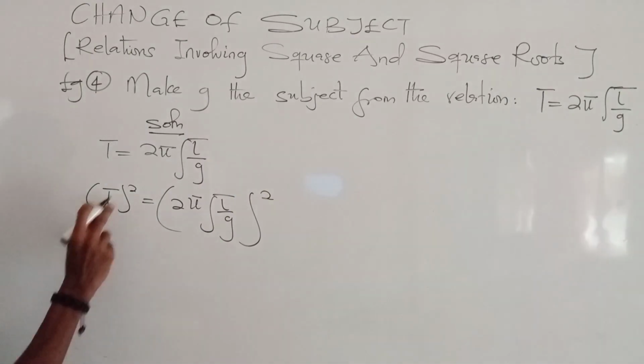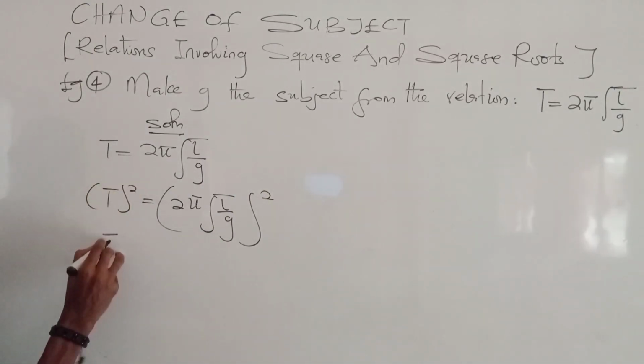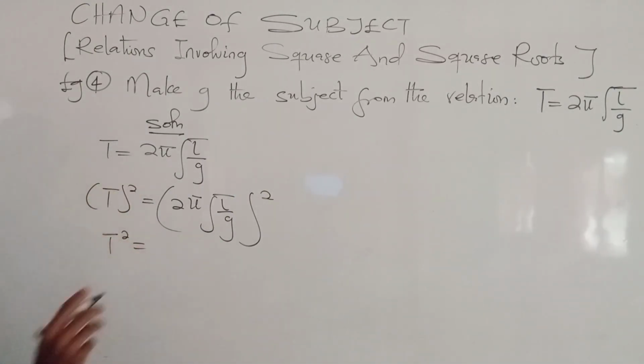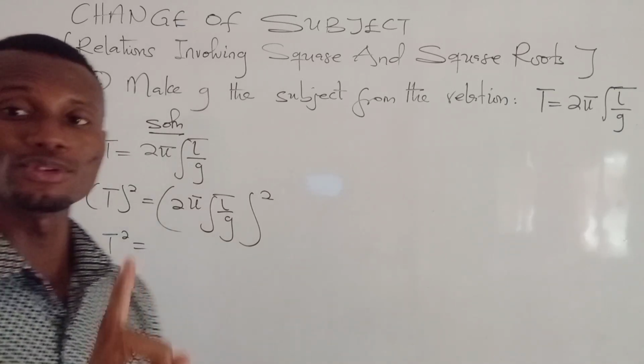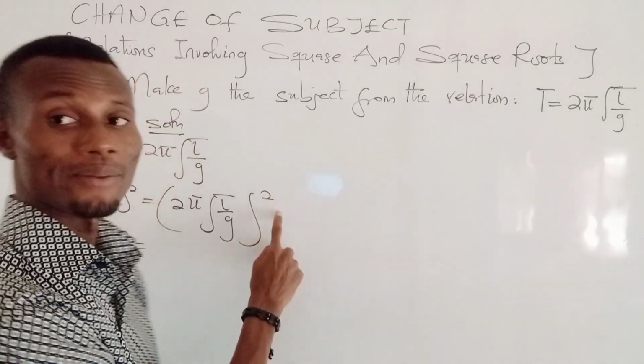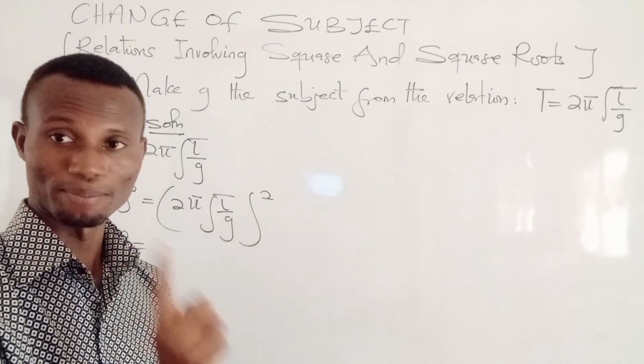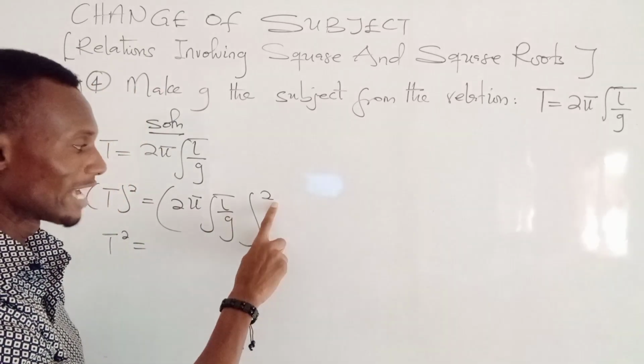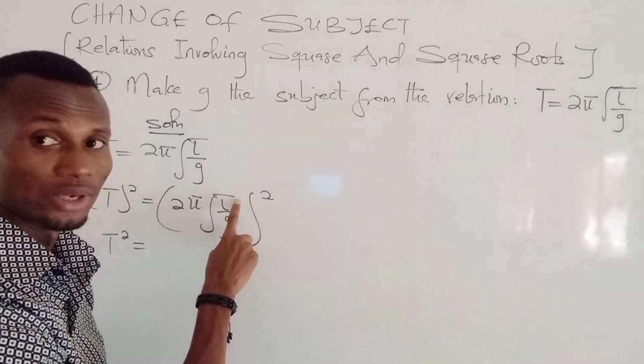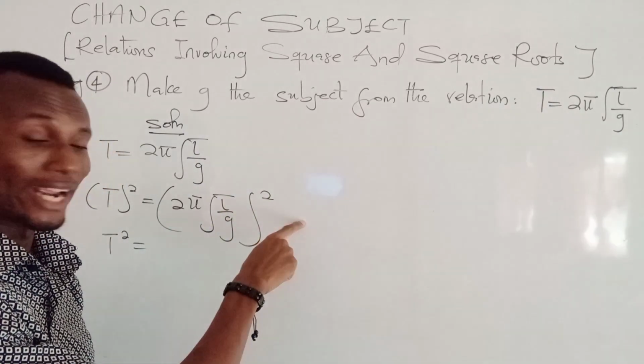Now T to the power 2 is T squared. So we have T squared is equal to, and you have to take note that this power 2 affects everything in the bracket. Very important. The power 2 does not only affect the square root sign, it affects everything in the bracket.